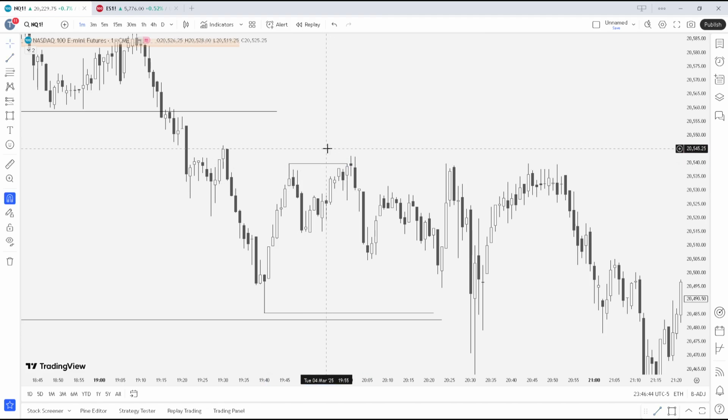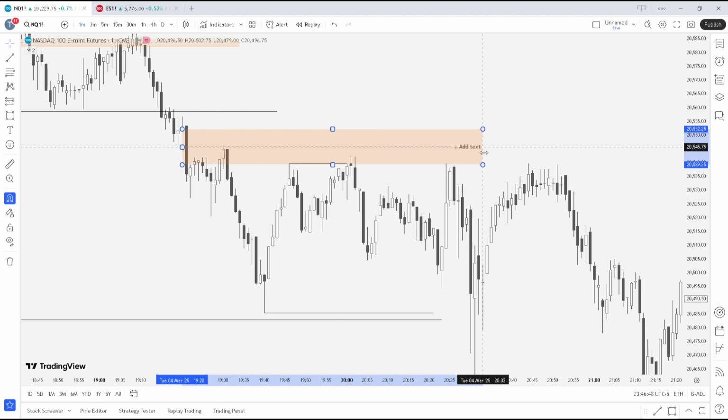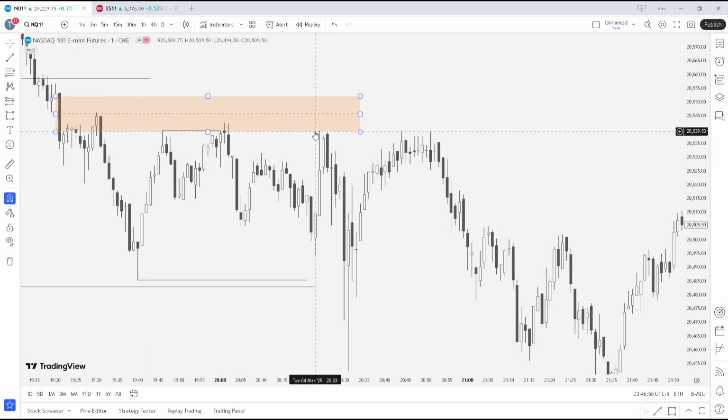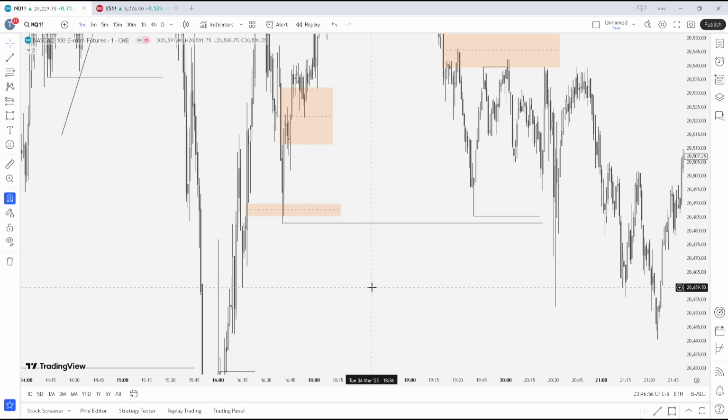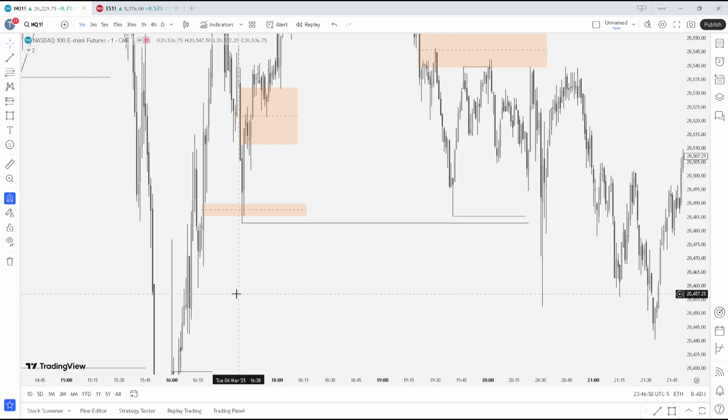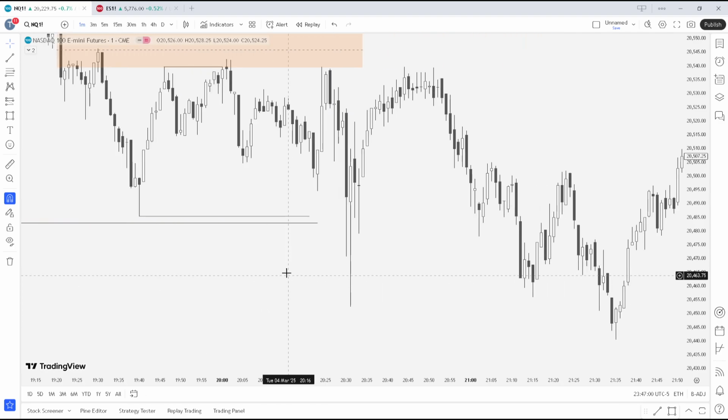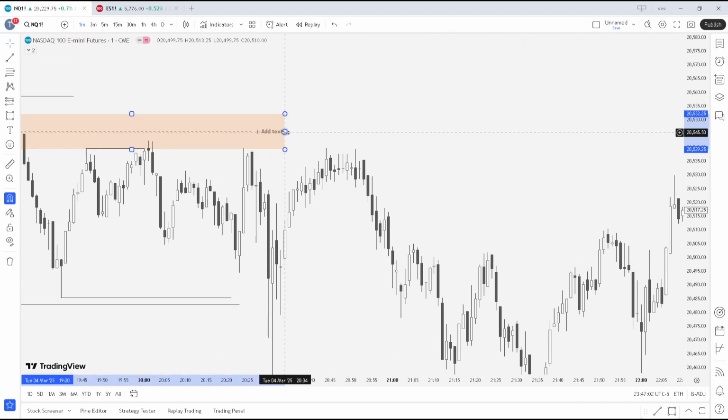take out buy side. There's a SIBI. Tap into it, instantly reject, move towards relative equal lows, and more of this sell side liquidity. And then get an instant move higher.